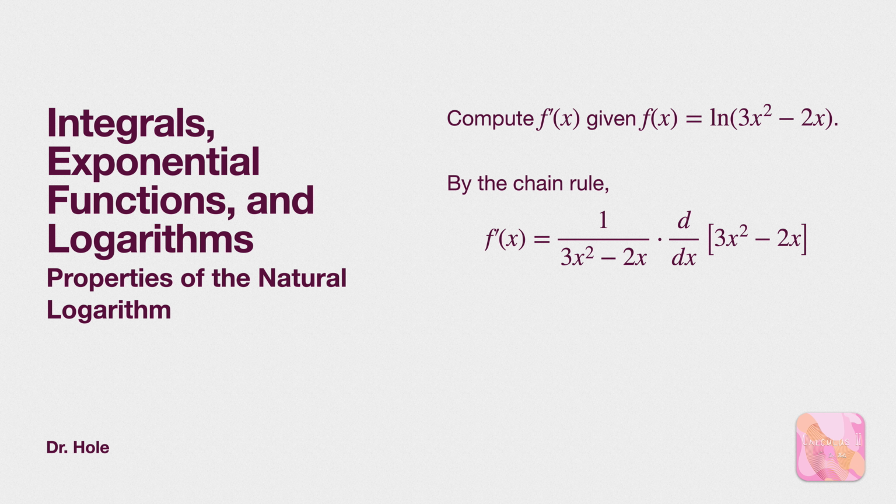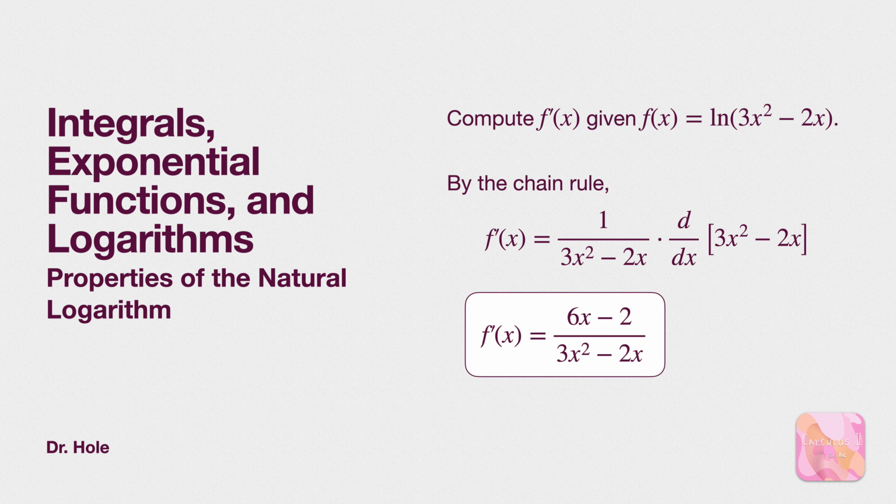Its derivative is 1 over input. The input here is this quadratic polynomial. And then with the chain rule, we differentiate the input. This polynomial has a straightforward derivative. Go ahead and compute that. 2 comes down, multiplies with 3 to get 6. And we have our f prime. Nice.